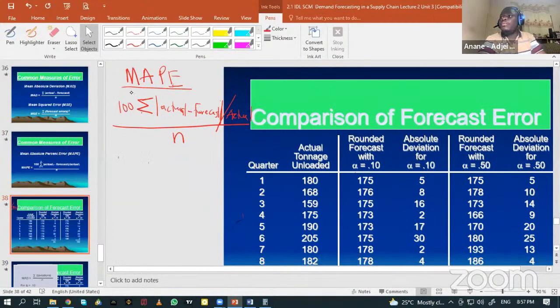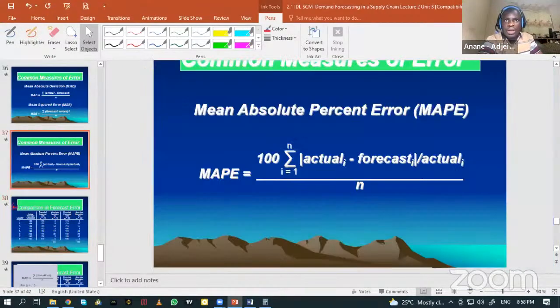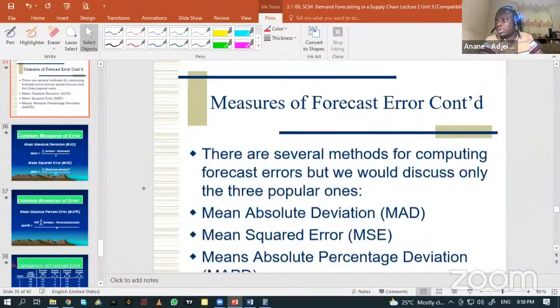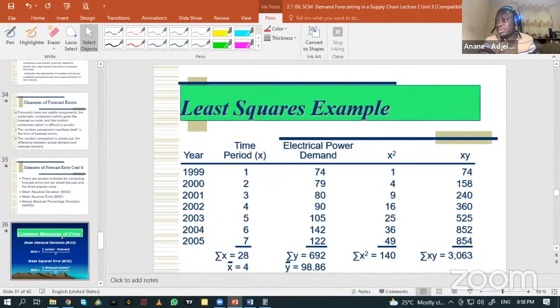Okay, so to calculate the mean absolute percentage error, we are saying that the sum of actual minus forecast, and don't forget that the actual minus forecast has already been done.